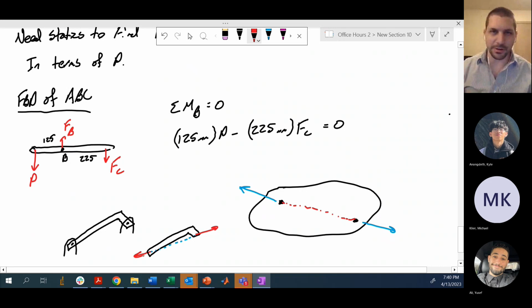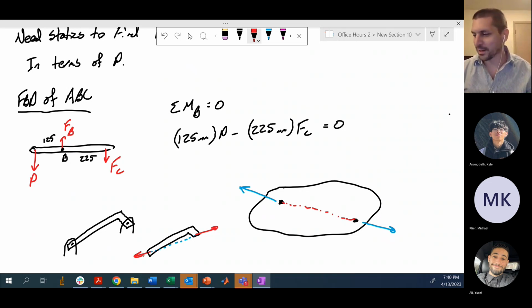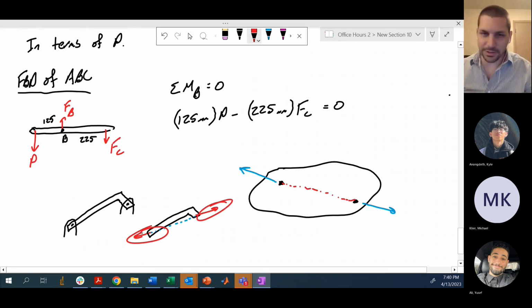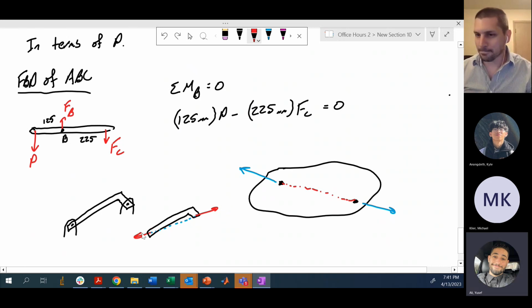It's still a two force member. There's still only two points on that structure where load is applied. You just have to make sure that you draw them not along the shaft like this, because that's not accurate. You have to draw them along the line of action between the two points where the forces are applied. Is that clear? Yes, thank you. All right, cool.